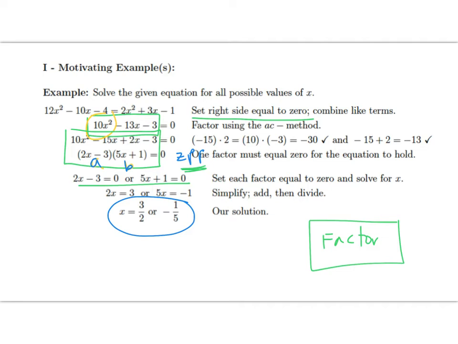Factoring. You know how to do that. But now you just need to make sure that you're set equal to 0, and then you can factor, but notice how this is an equation every step of the way. So it's got to be set equal to 0. Then you factor like you're used to, and then you apply the zero product property, and then you solve for x.